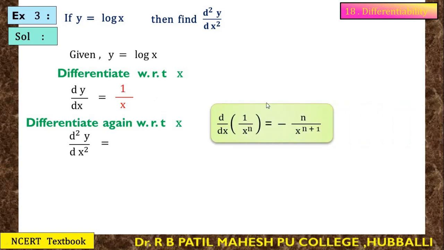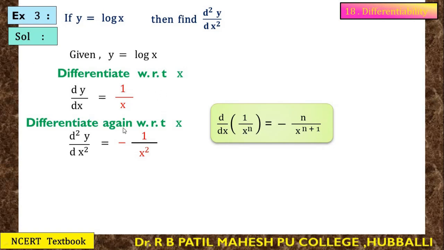I follow this rule, our standard form: 1 upon x raised to n, its derivative is given by minus n, that means this power, divided by x with 1 added to the power. Now this is one number, therefore minus 1 divided by x to the power 1 plus 1, which is nothing but 2, that is minus 1 by x square. So you remember, the derivative of the 1 upon x function is written as minus 1 by x square. I hope you understood.